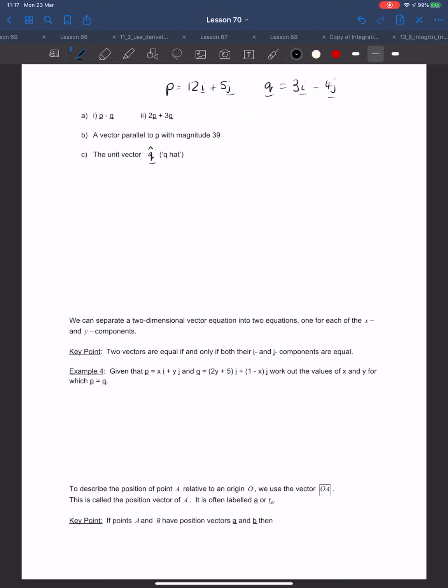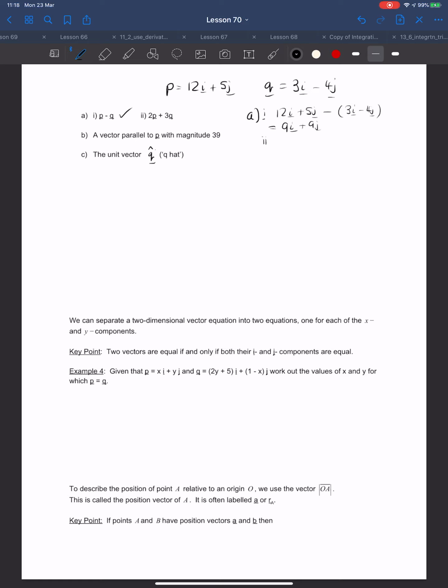Okay, so A1, P minus Q is 12i plus 5j minus 3i minus 4j, which is 12i minus 3i is 9i, 5j minus 4j is 9j.